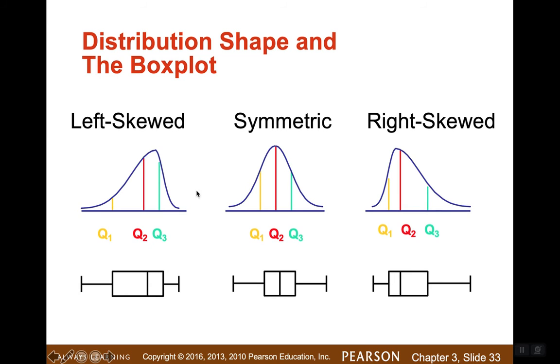All right, so the box plot gives us another representation of what the curve looks like, of where the data is skewed and also how it's shaped.